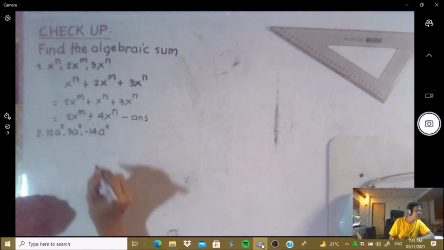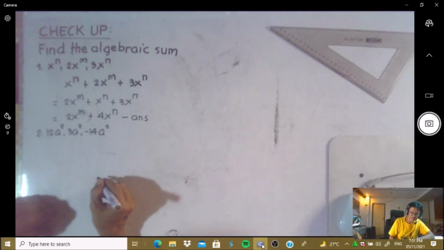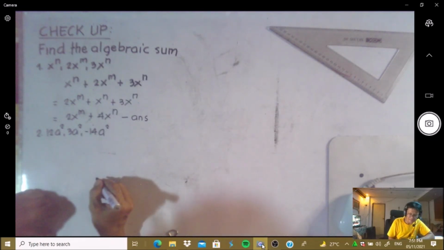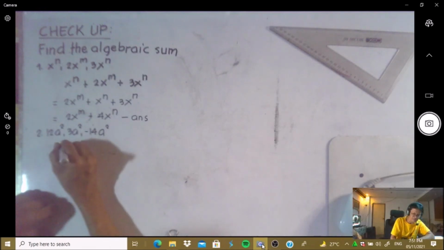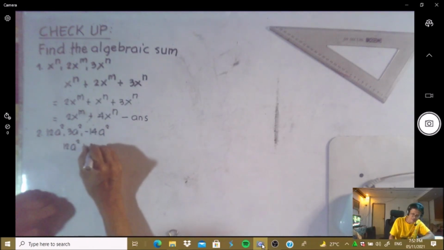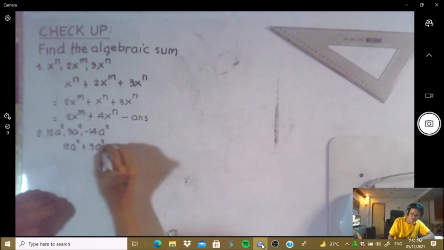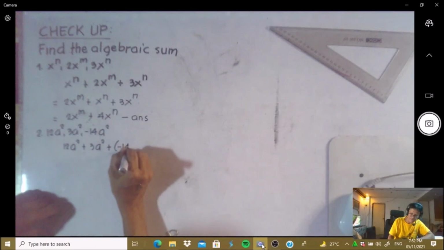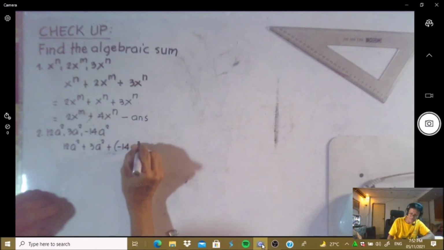Okay, therefore, we have to add them all because their bases are the same and we have a numerical exponent. So, therefore, this is equal to 12a squared plus 3a squared, then plus negative 14a squared.